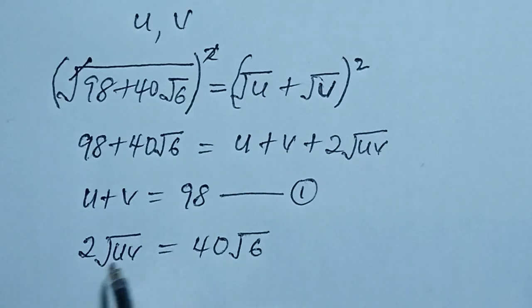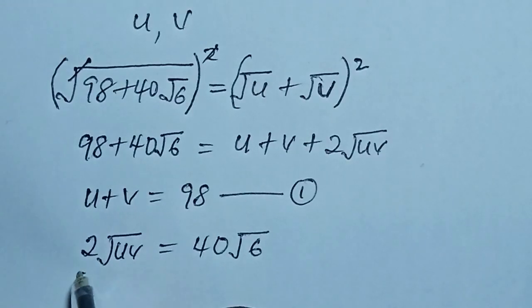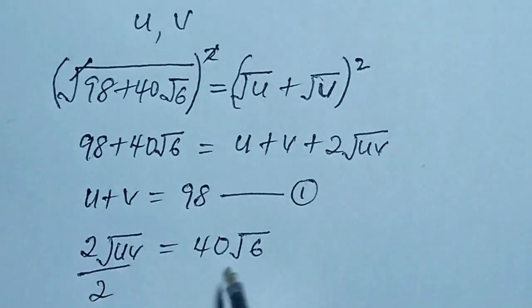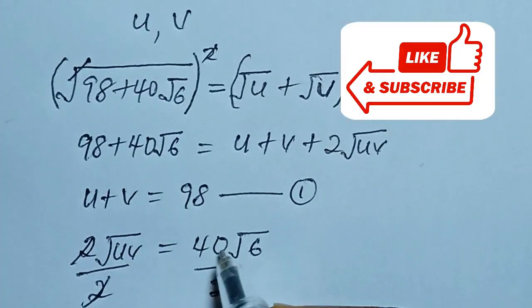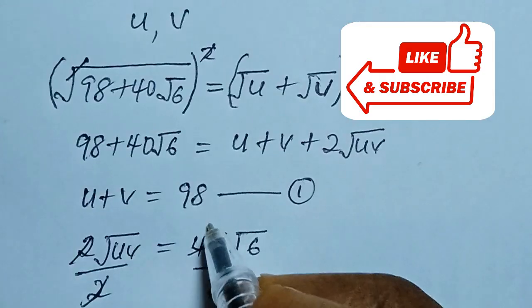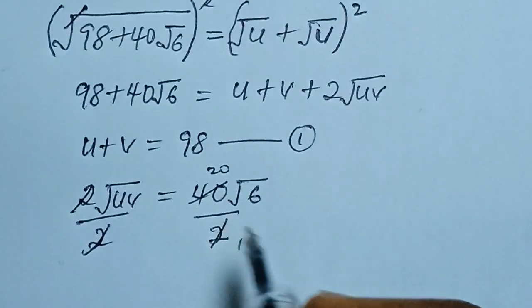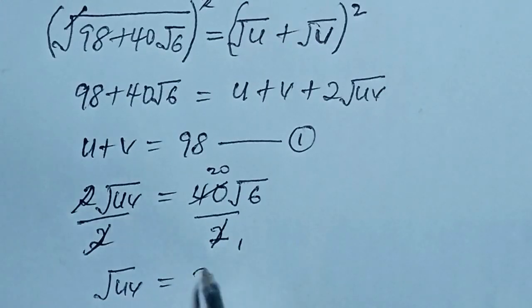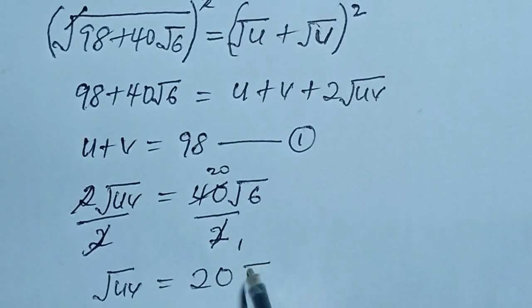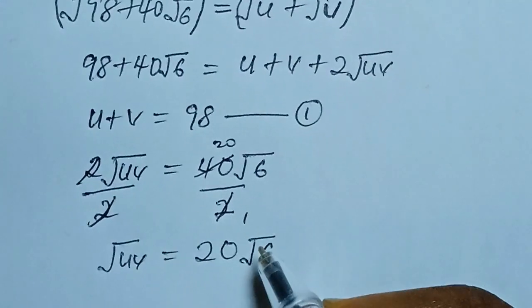So we eliminate this 2 by dividing both sides by 2. So 40 divided by 2 will be 20. So now we have square root of uv equal to 20 square root 6.